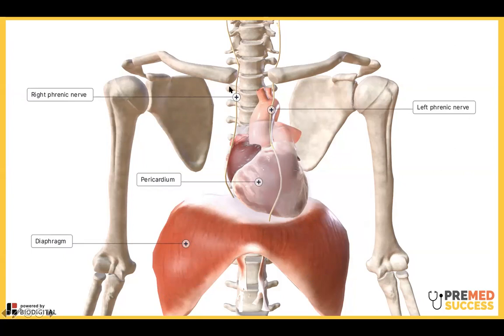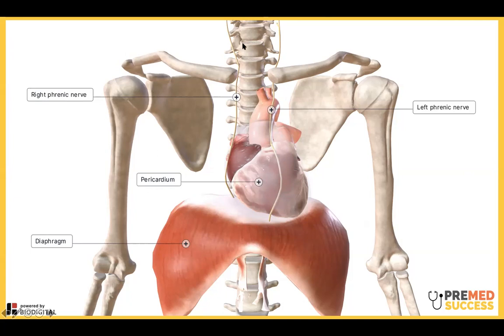And the left phrenic nerve here, it passes over the pericardium and it receives sensation from it and it innervates the pericardium. And that is partly why when someone has a heart attack and there's heart pain, it radiates to the left side and down their left arm. And it's because it's all this left phrenic nerve, left side nerves that are involved in this.